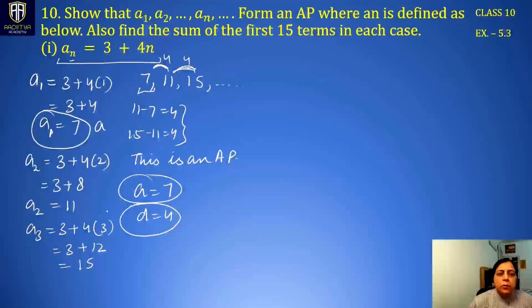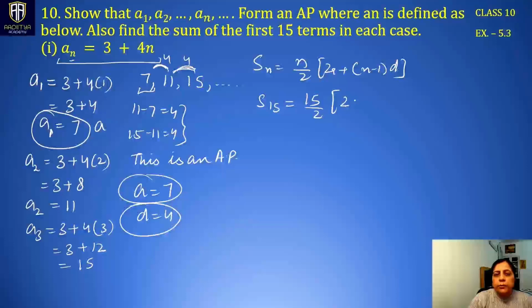Now he is asking to also find the sum of 15 terms. Sn is represented by n by 2 into 2a plus n minus 1 d. So we have to find S15. This is 15 by 2 into 2 times a, which is 7, plus n minus 1, n is 15 here, 15 minus 1 times d, which is 4.